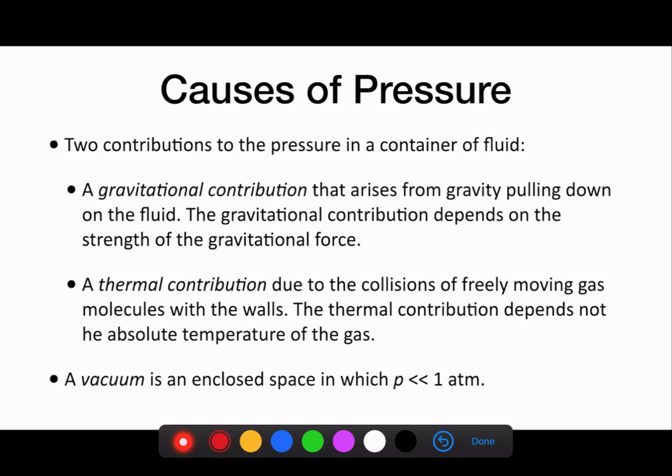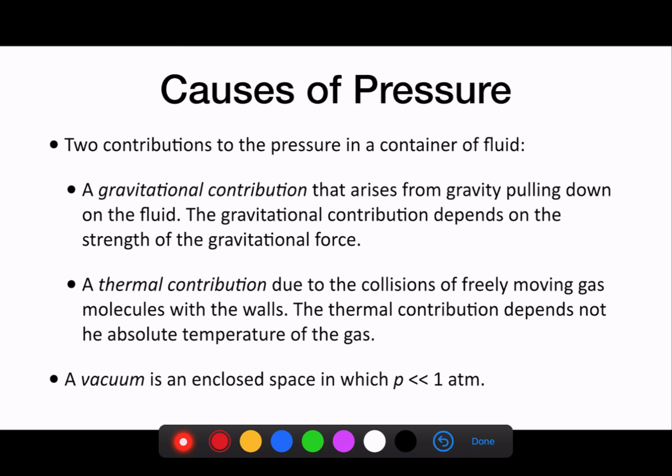A gravitational contribution arises from gravity pulling down on a fluid. And again, this is more obvious with liquid, but it does happen with gas as well. And that gravitational contribution will depend on the strength of that gravitational force. A thermal contribution is due to the collisions of freely moving gas molecules or particles with the walls of the container.